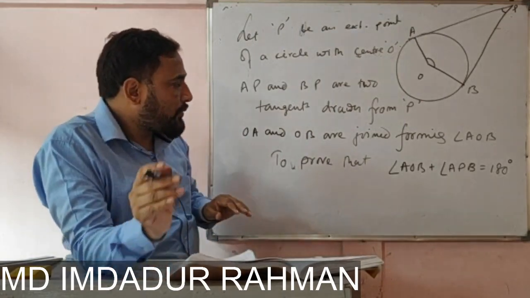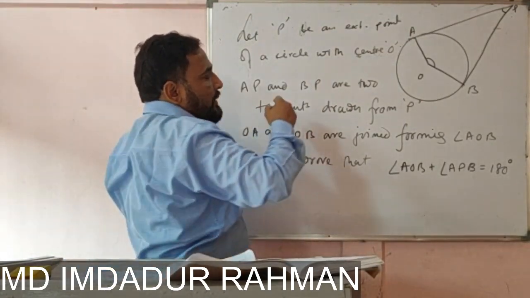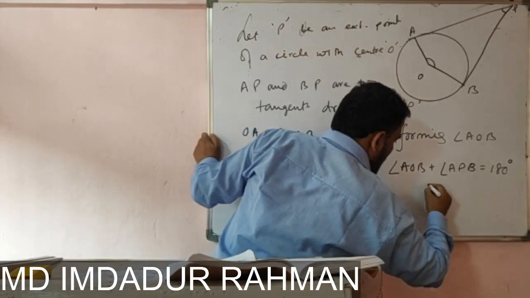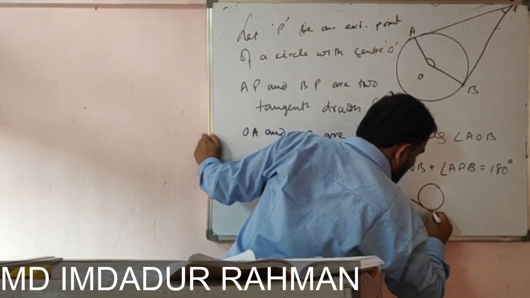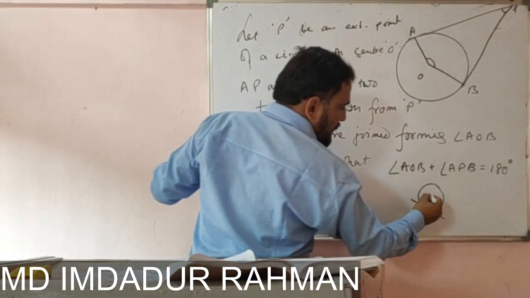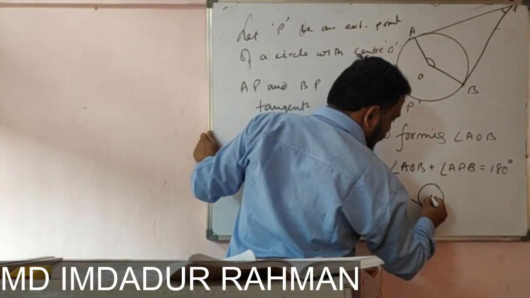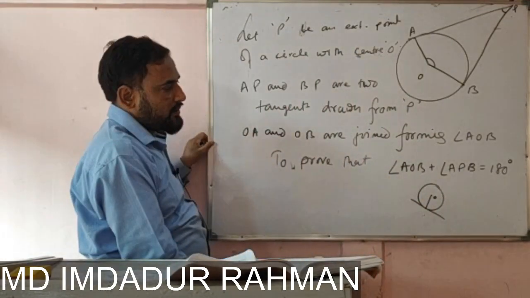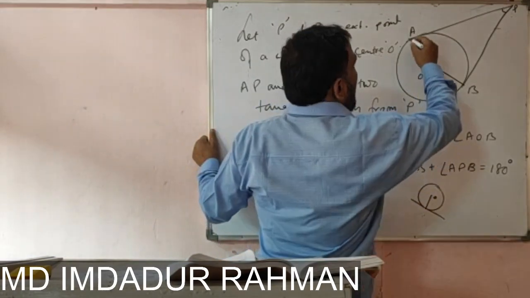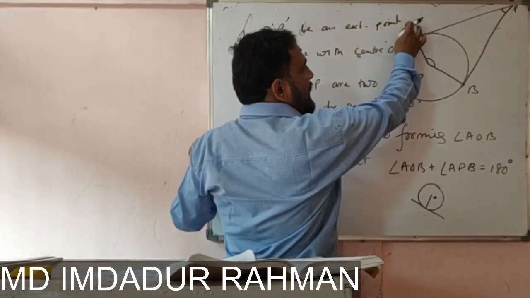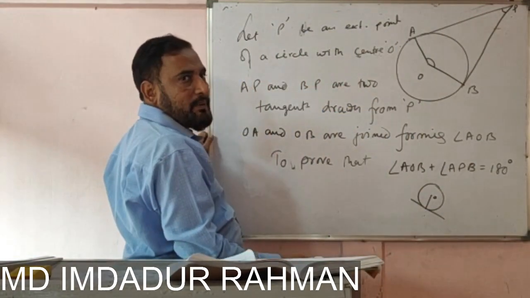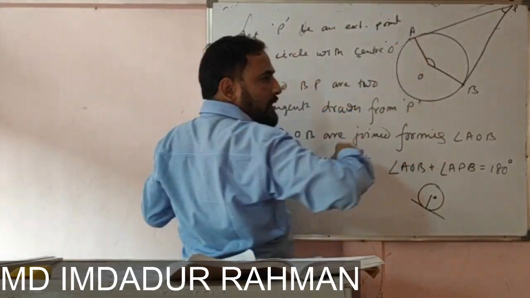Earlier we have proved that in a circle, for a given tangent, the line segment joined from the center to the point of contact is perpendicular to the tangent. So here also AP is the tangent, and OA is the line segment joining the center to the point of contact.